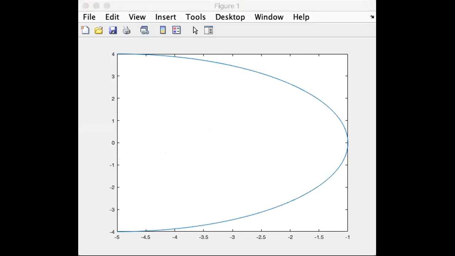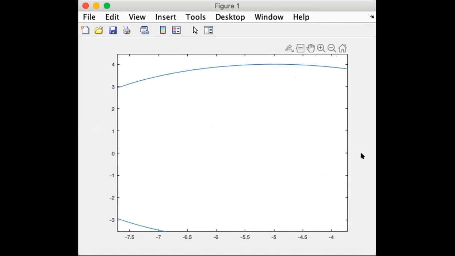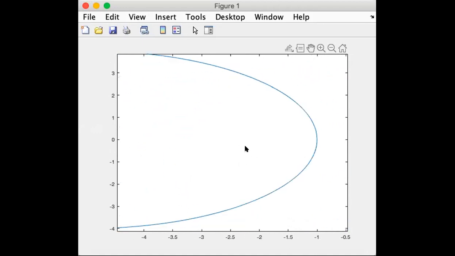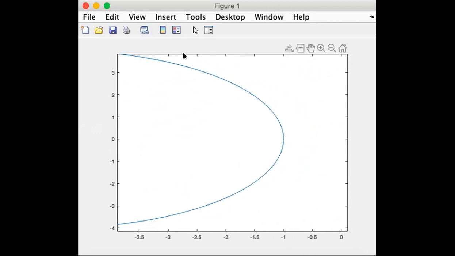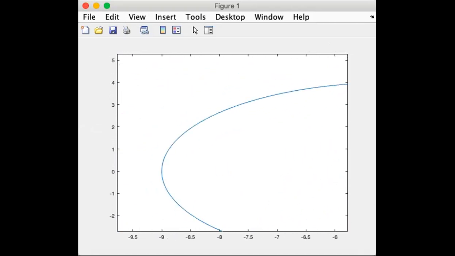As you can see now, it does not look like an ellipse because the range is not right. So I can zoom in, or bring it over here until -9 to -1. So I can define my range of it. I can make it larger. So let's say x-axis from -10 to 0, and y-axis from -3 to 6.